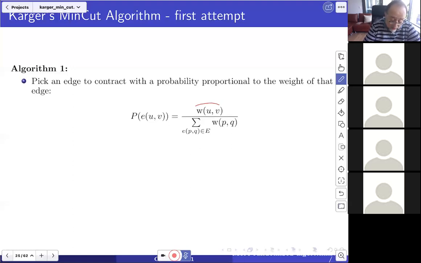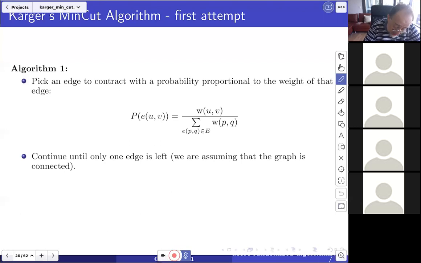It's a number smaller than 1. So we can interpret it as a probability. So in this way, you make the possibility to pick an edge of large weight more likely than to pick an edge of small weight. Then what you do is you contract this edge, and you continue doing that until only one edge is left. And remember, we are assuming that the graph is connected.